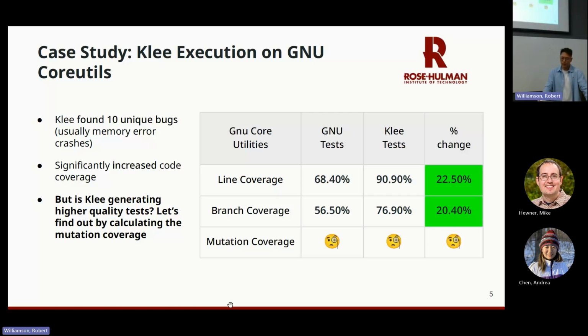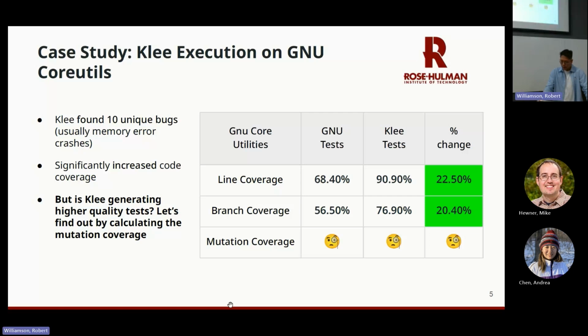And it was able to significantly increase the code coverage. If you look at the table, the line coverage for GNU test was 68.4%, whereas for KLEE, the line coverage was 90.9%, a significant line coverage improvement.